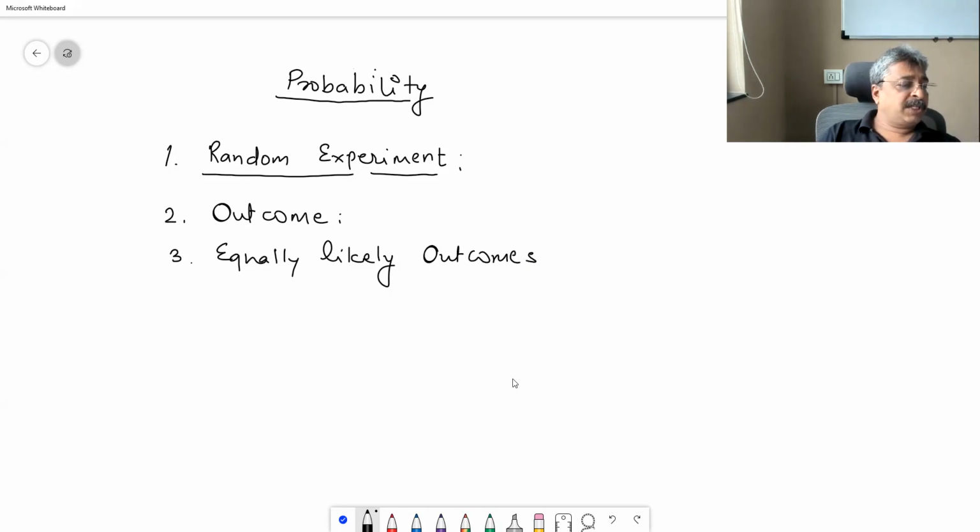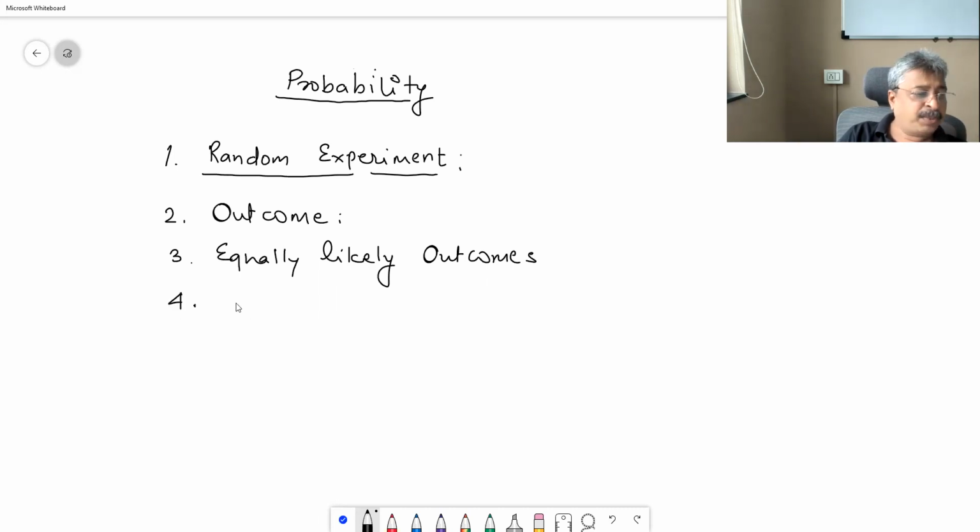Two outcomes are said to be equally likely if either of them cannot be expected to occur in preference to the other. So head or tail are equally likely, provided the coin is unbiased.